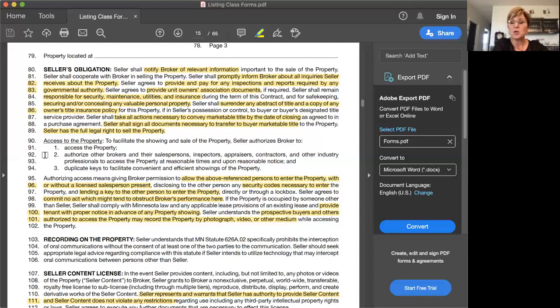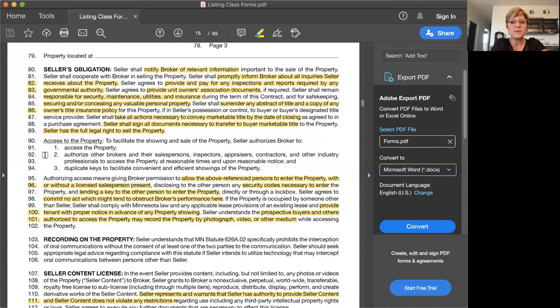They're going to commit no act. The seller is agreeing to commit no act which might obstruct people getting in there to do their jobs for the transaction. Okay. Also, if let's say they have tenants in the property, you're selling a rental property for a seller, they are going to provide proper notice to any tenants of showings that are happening.